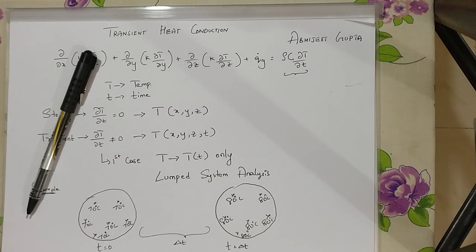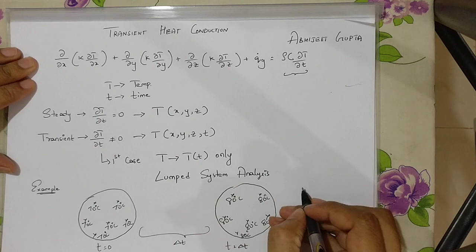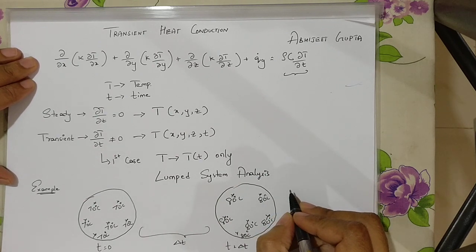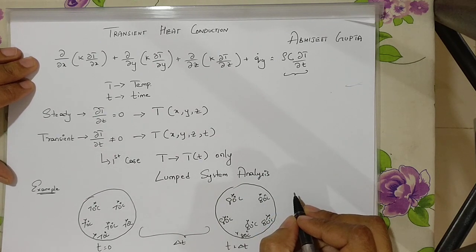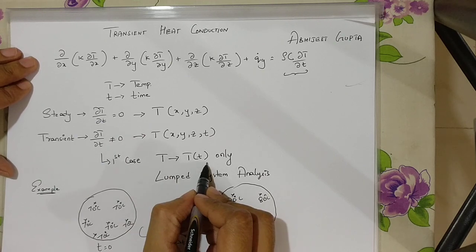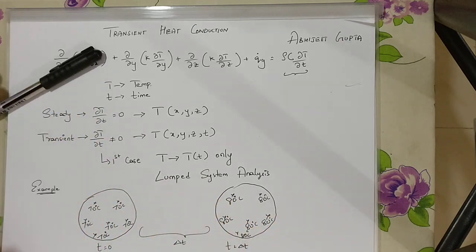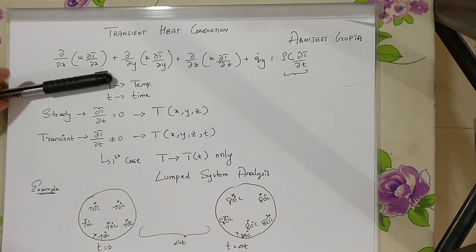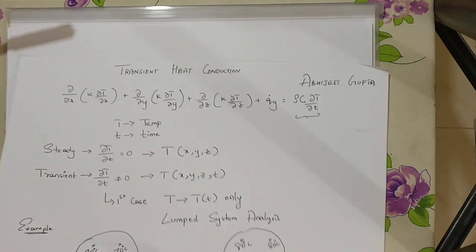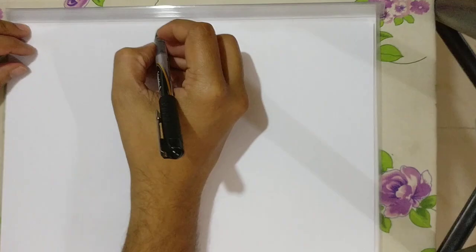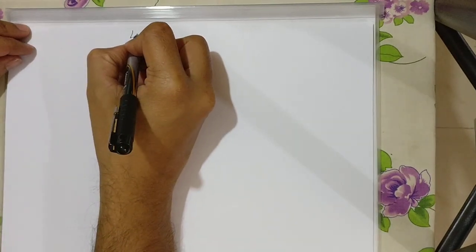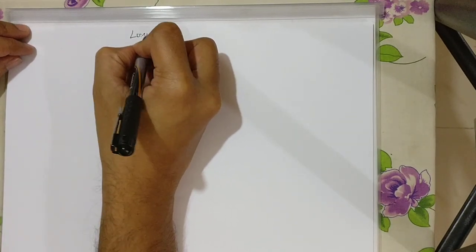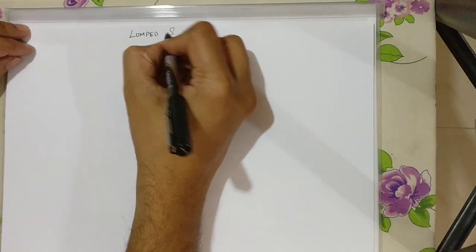That means temperature is not changing with x direction, not changing with y, not changing with z, temperature is only changing with time t. And this is called lump system analysis. So in this session I will be focusing only on lump system analysis.